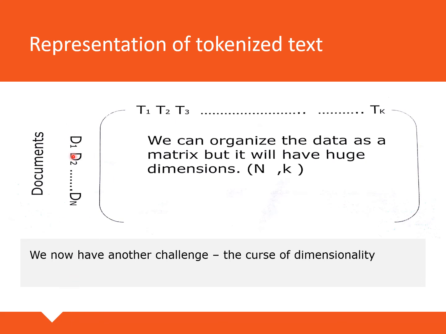Along the rows you will have the documents, and along the columns you will have the unique words or tokens, and typically this will be a matrix of huge dimension, primarily driven by the factor k here, which is the number of unique words that we see. And of course this will be a very sparse matrix.